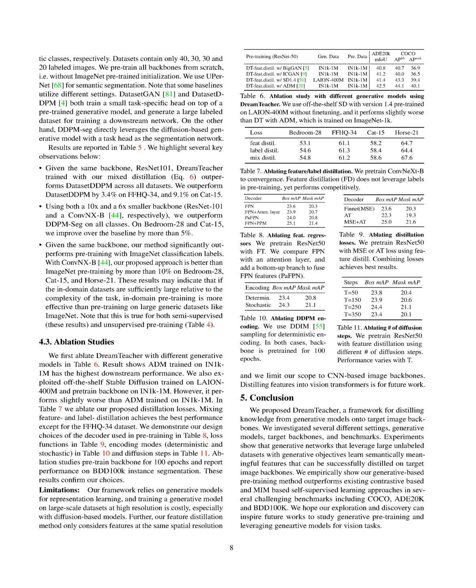The authors further analyzed their design choices for the decoder, loss functions, encoding modes, and diffusion steps, and confirmed their effectiveness through pre-training and performance evaluation on the BDD100K instance segmentation dataset. However, the framework has limitations in terms of the cost of training generative models on large-scale datasets and the restriction to CNN-based image backbones, with future work focusing on distilling features into vision transformers.